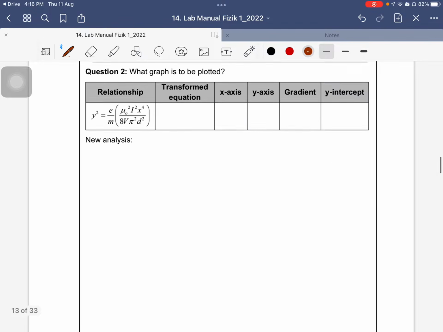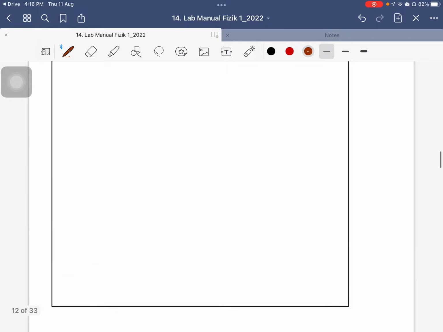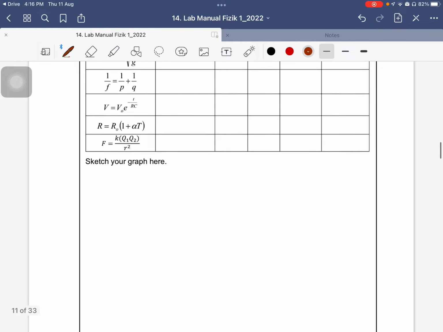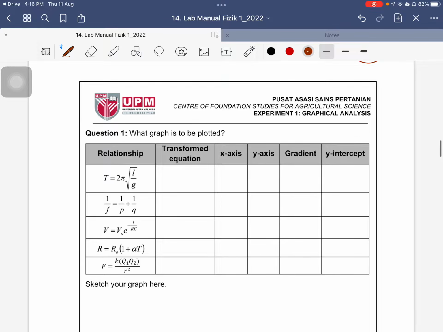What happened here? The first one, question one. In question one, you are asked what graph is to be plotted, and then you need to sketch your graph.